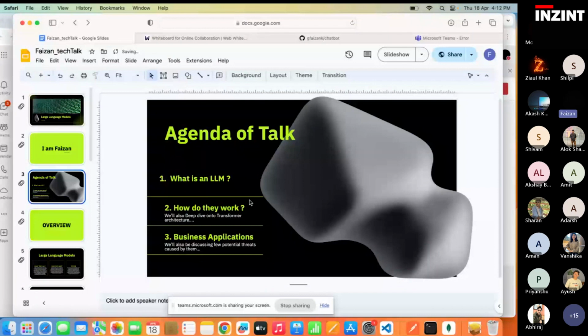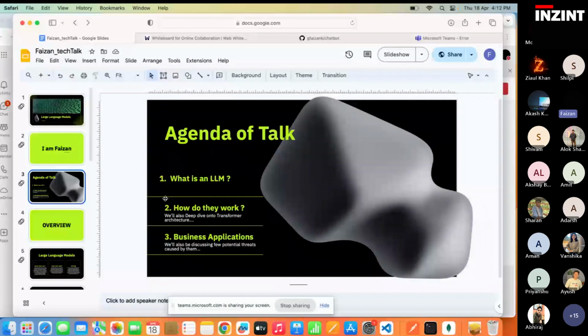Meanwhile, we'll also deep dive into transformer architecture, which is the backbone of building LLMs and a form of neural networks. Many of us might have heard about them as well. And thirdly, we'll discuss the business applications, and while discussing them, we'll also discuss a few potential threats caused by them.